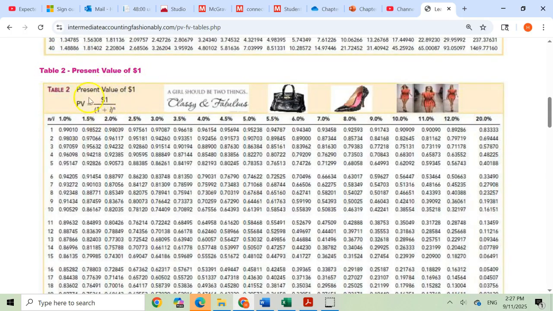And here it gives me that formula. But in my example, I'm compounding annually for 3 years at a 10% rate. So I look at my n equals 3, that's my compounding period, and I'm going to go across here for 10%. 10% is 0.75131.